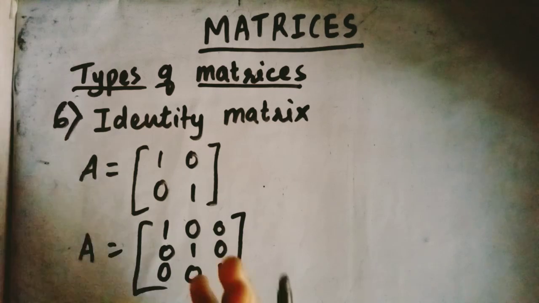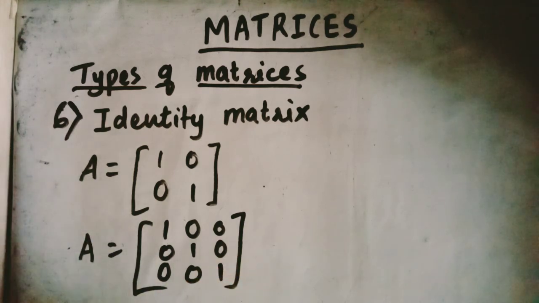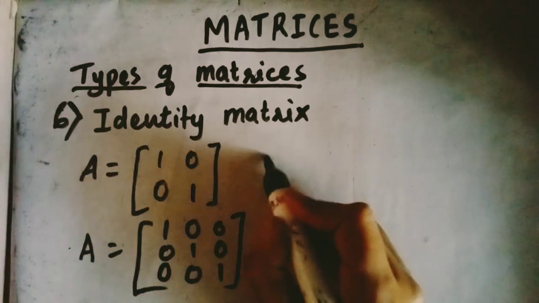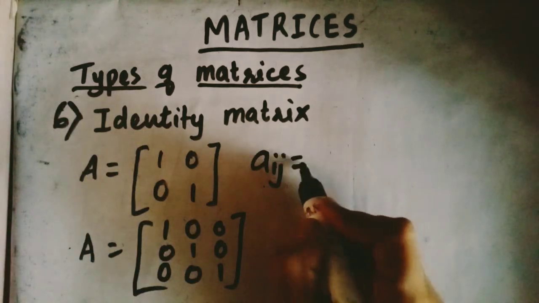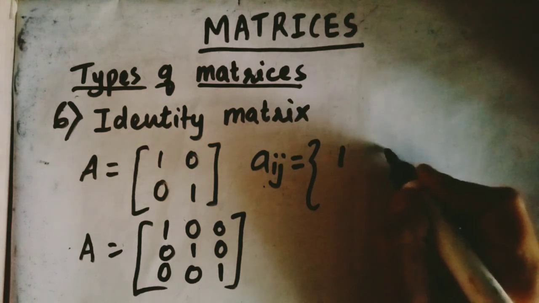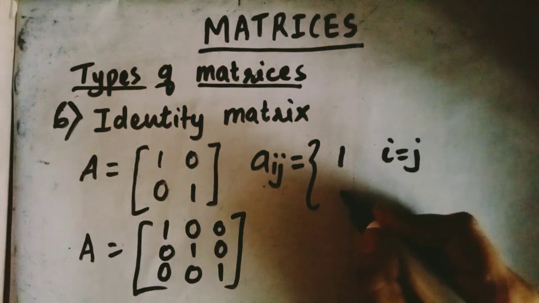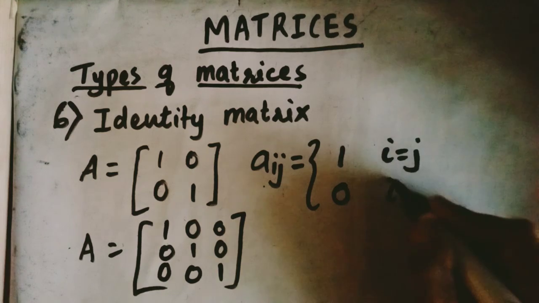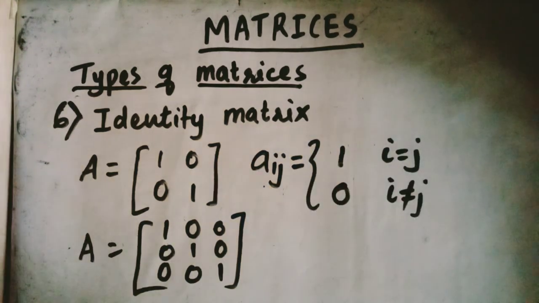Since all the diagonal elements are 1, it also becomes a scalar matrix. It is represented as Aij equal to 1 if i is equal to j, and equal to 0 if i is not equal to j. So this is your identity matrix.